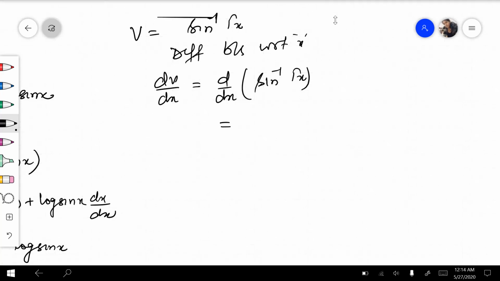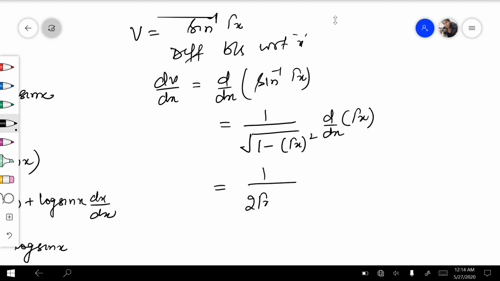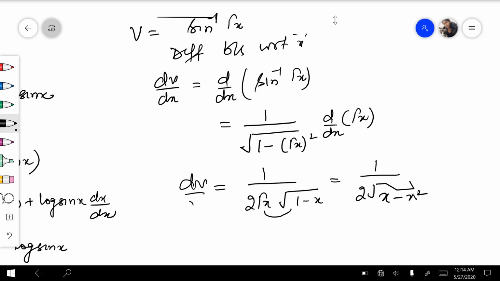Sin inverse की differentiation 1 upon square root of 1 minus (square root of x) whole square into d by dx of square root of x. Square root of x का derivative क्या होता है? 1 upon 2 square root of x. इसको अंदर टर्म से मल्टीप्लाई कर देते हैं तो हमारे पास फाइनली क्या बना? 1 upon 2 square root of x minus x square. तो दिस इज द वैल्यू ऑफ dv अपॉन dx.